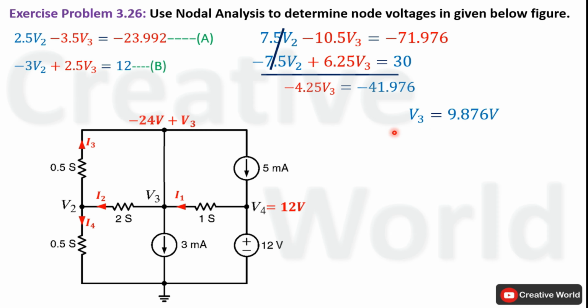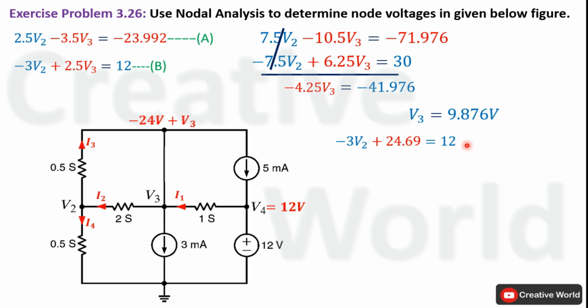Divide this equation on both sides by minus 4.25 to calculate the value of V3, that will become 9.876 volt. After calculating the value of voltage V3, we are able to find the value of voltage V2 by placing the V3 value inside equation B. So replace V3 with its value. The equation will become minus 3V2 plus 24.69 equal to 12. Here the product of V3 and 2.5 will become 24.69.